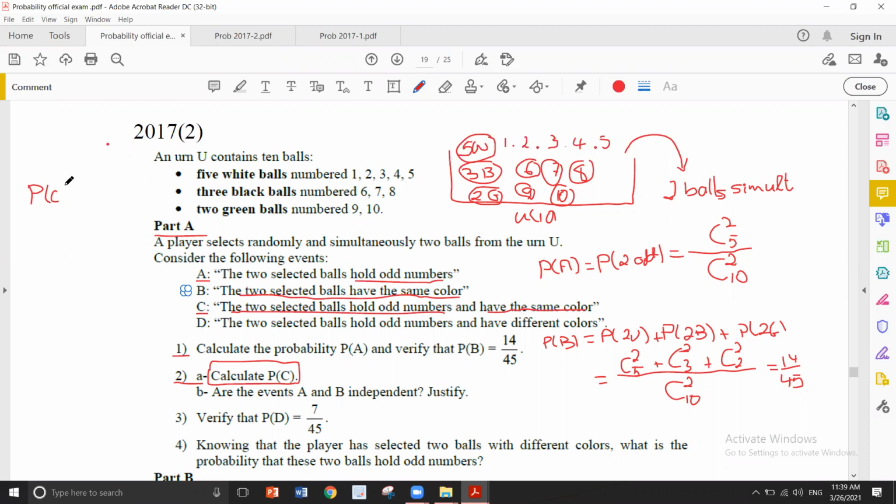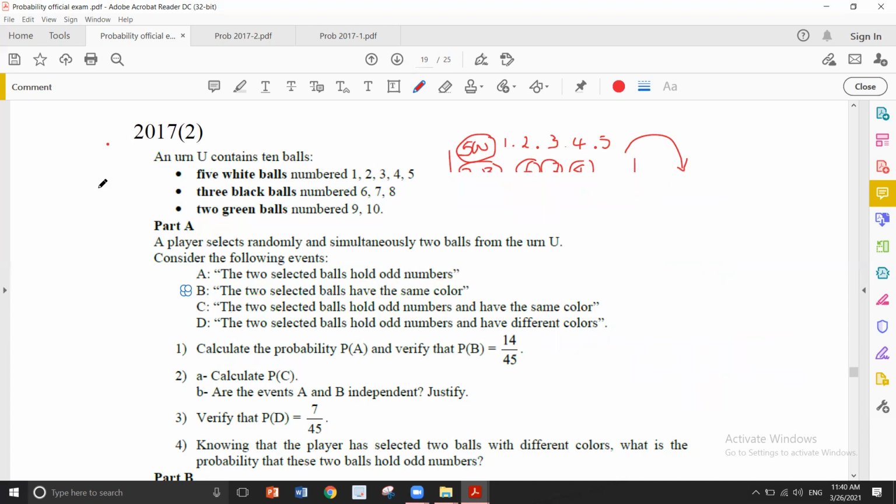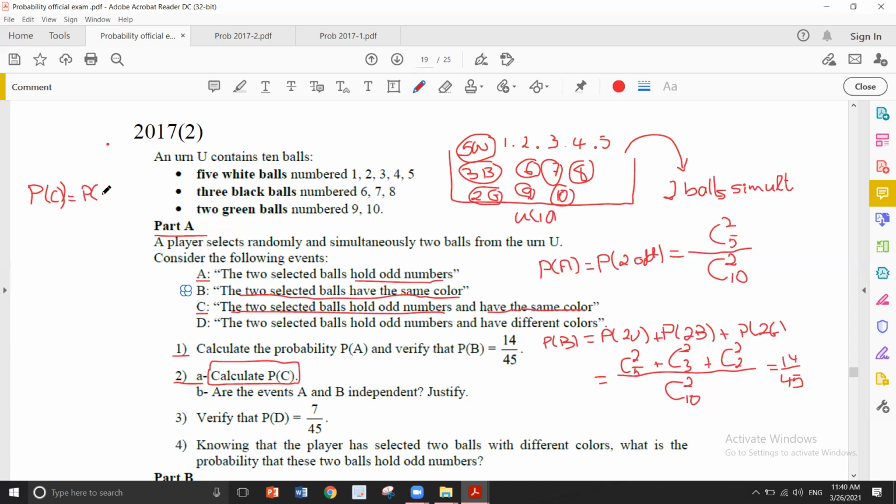From the white, we take numbers 3 and 5. What's the event to select balls that hold odd numbers and have the same color? Is it A union B or A intersection B?